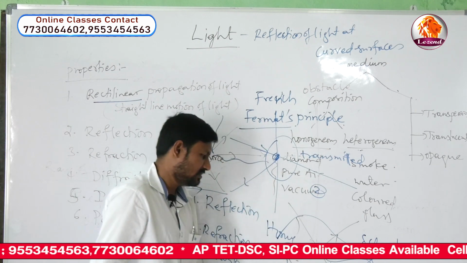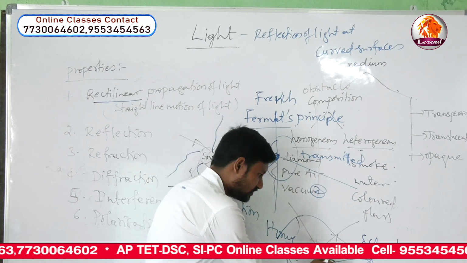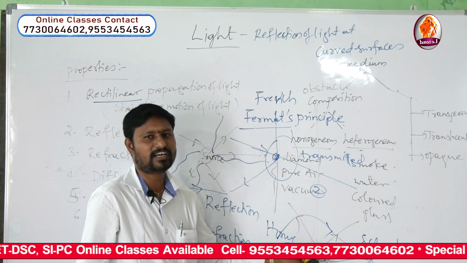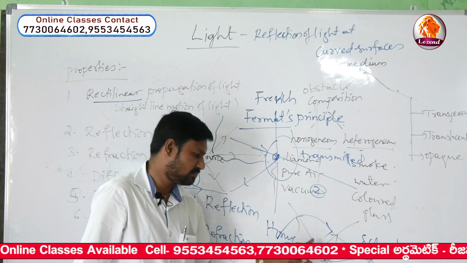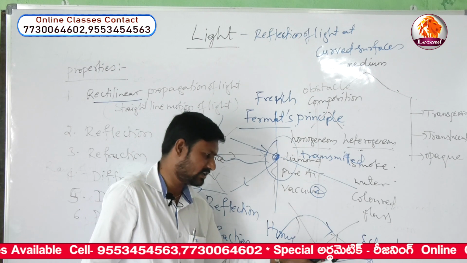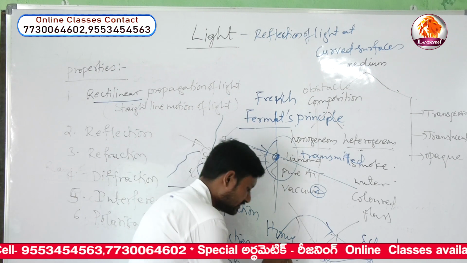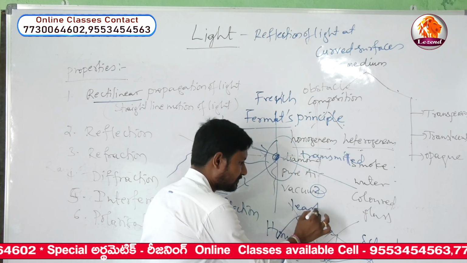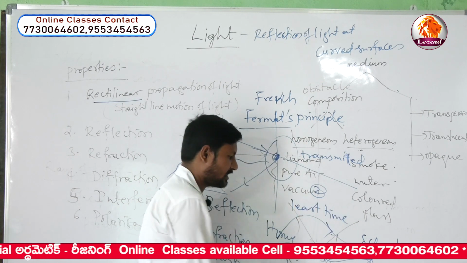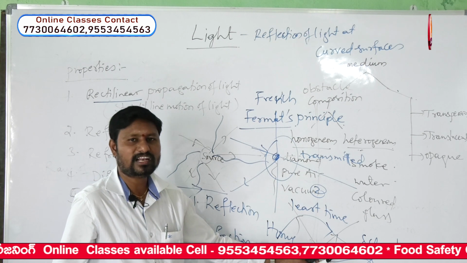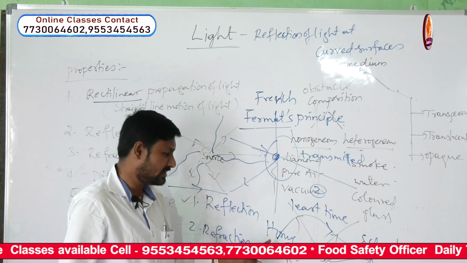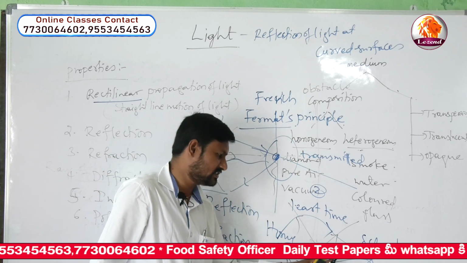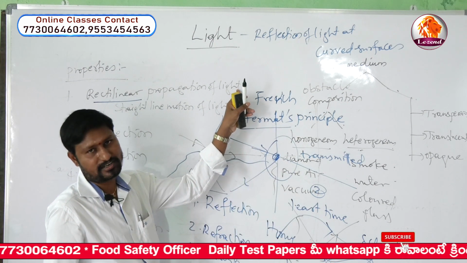But the condition to reach your school is that you have to select the shortest time taking path. Among these different paths, the straight line path is the least time taking path. So light always prefers to travel in the least time taking path. That is why light always travels in a straight line.